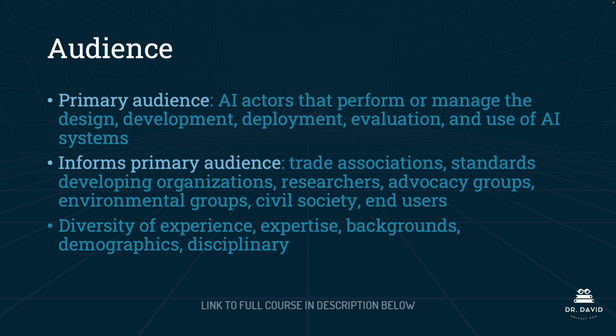There are 2 intended audiences for the NIST AI RMF, and for me, they include just about everyone, I suppose. There's the primary audience. These are the AI actors that perform or manage the design, development, deployment, evaluation, and use of the AI system. And then there's the audience that informs the primary audience.